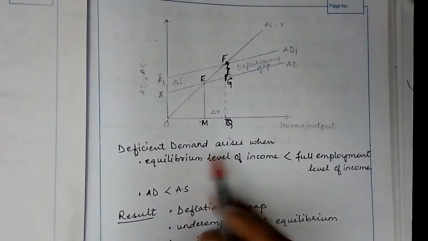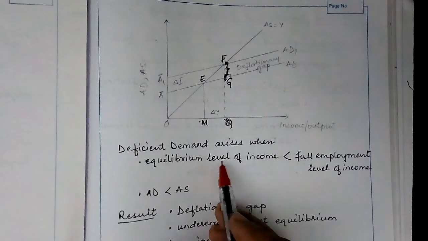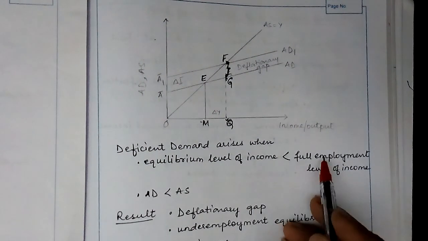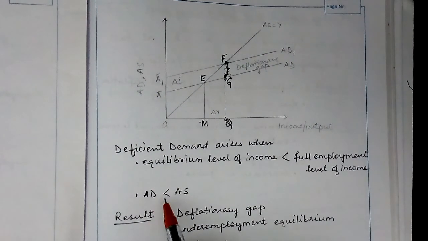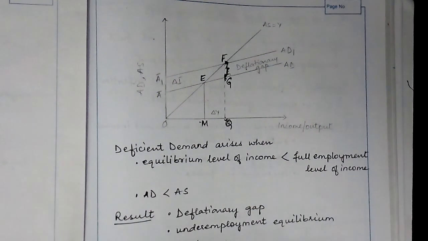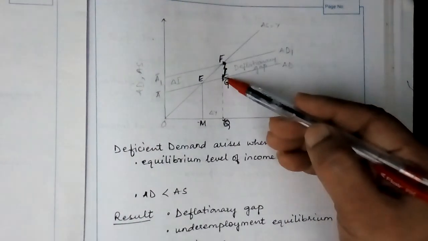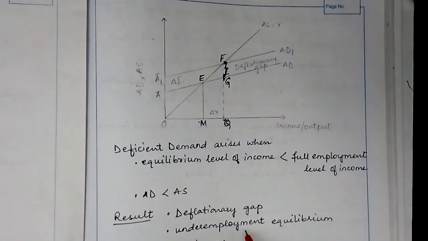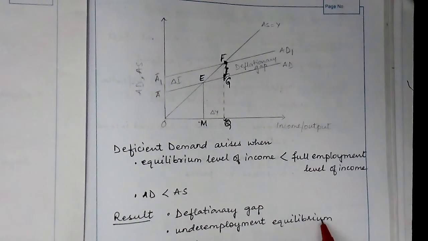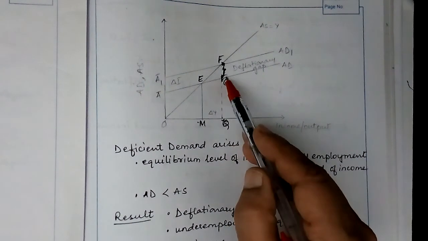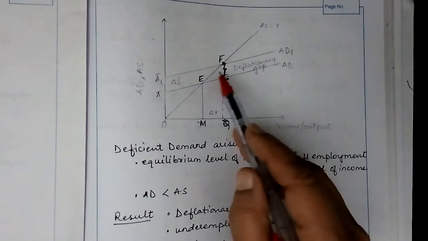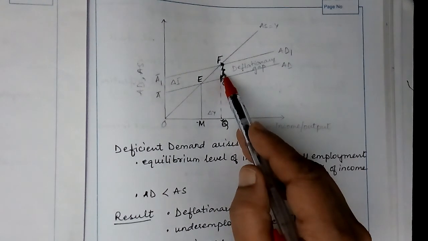So deficient demand arises when the equilibrium level of income is less than the full employment level of income and AD is less than AS. This results in a deflationary gap and an underemployment equilibrium. We must always remember that the deflationary gap lies right of the AS curve, on the right hand side of the AS curve.